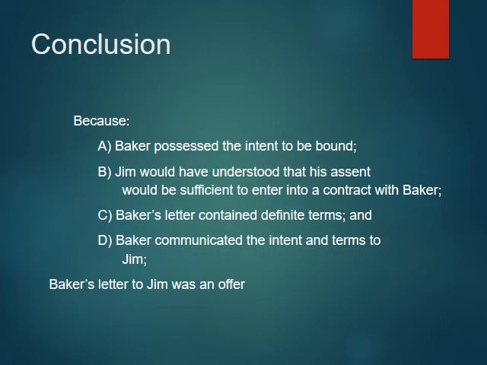End of transmission. Because by communicating this as your conclusion, you remind the reader, yep, I identified these issues to be resolved. I resolved these issues in the following way. Accordingly, the conclusion I reach is it was an offer.